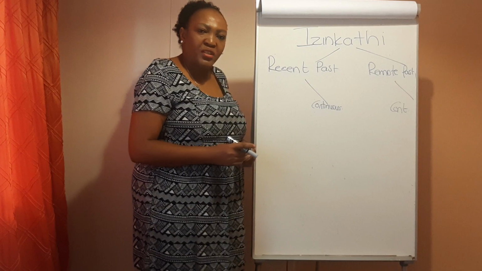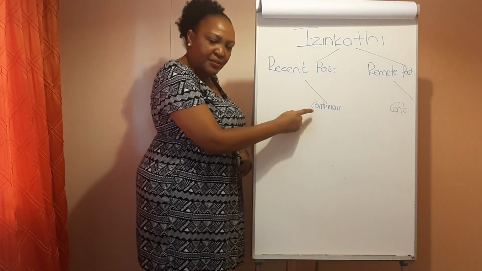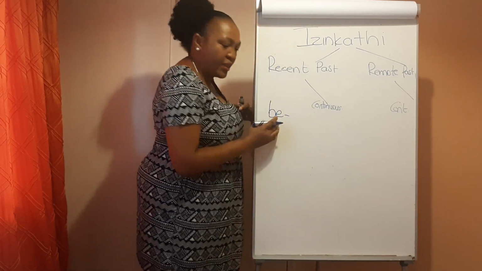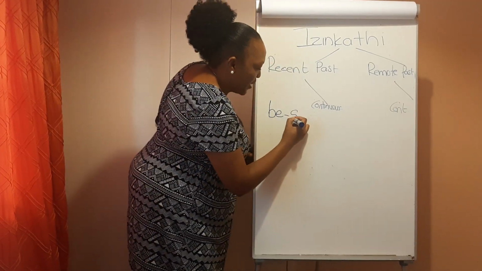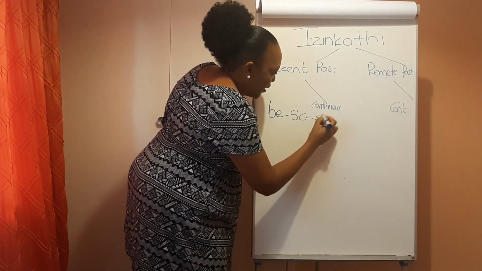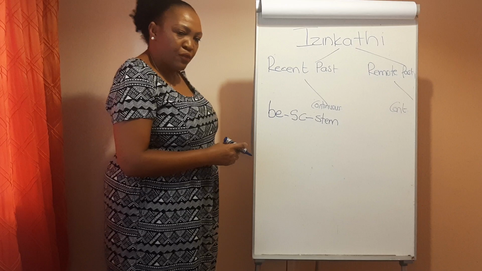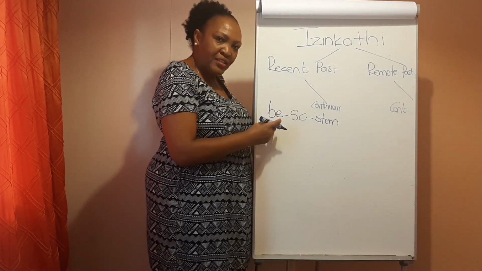So we're going to start with the basic formation of the recent continuous tense. You identify this tense with the marker be. This marker is then followed by a subject concord, and you then add your stem into the word. So your basic formation would be be, which is your marker. This is how we identify this tense.